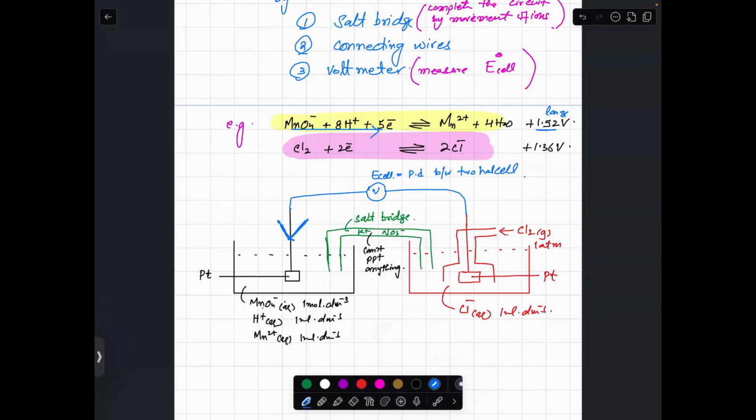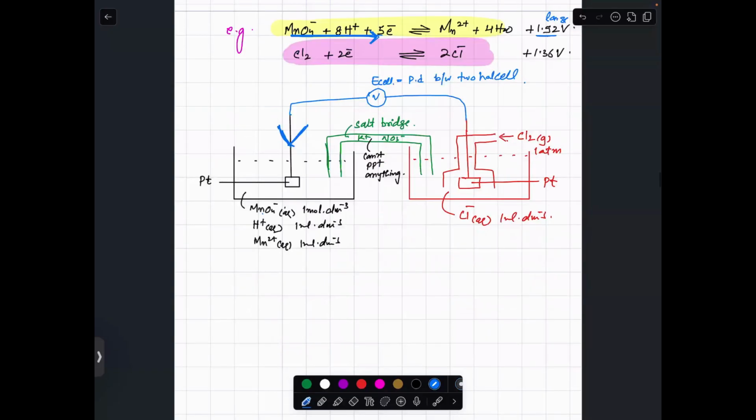Look, the MnO4 will gain, making into what? Mn2 plus. When the MnO4 gains, it will decrease, and the solution will change from purple to colorless.